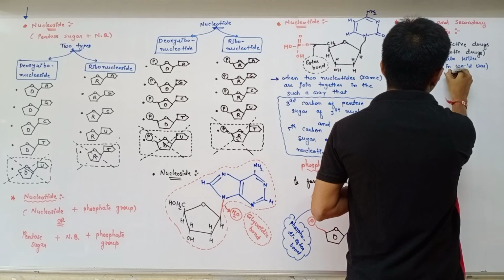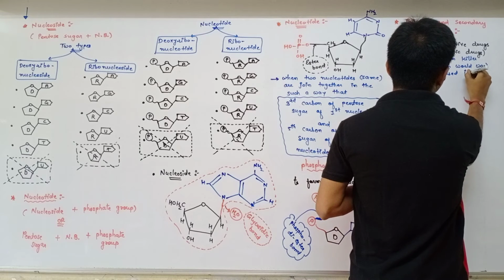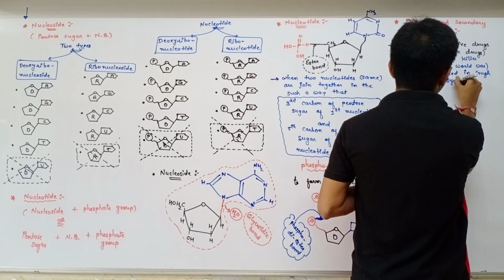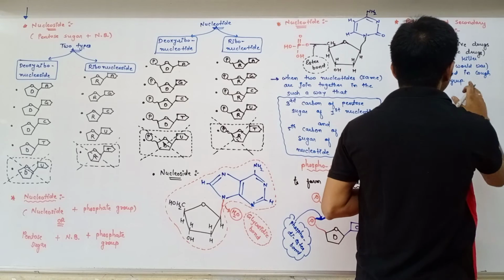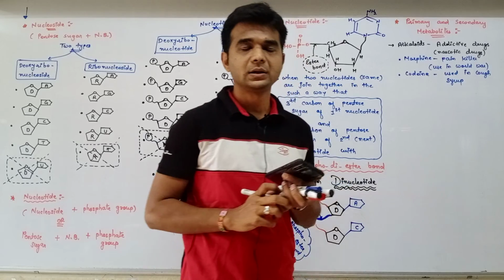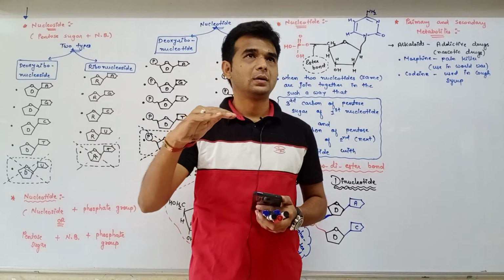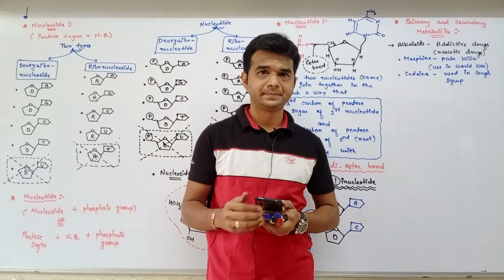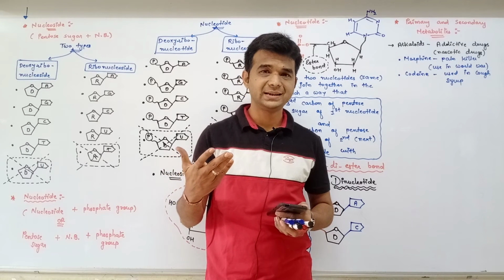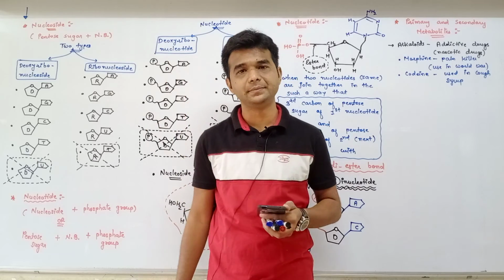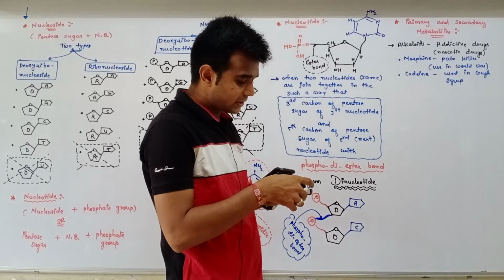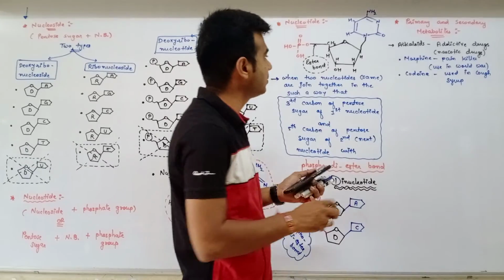Codeine is used in cough syrup. It decreases the urge for coughing. So morphine and codeine are obtained from opium.